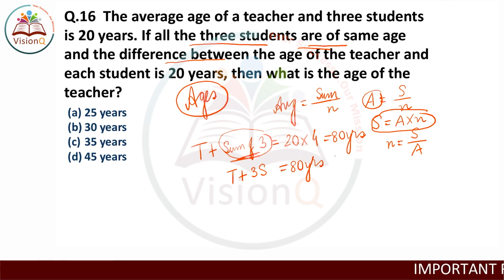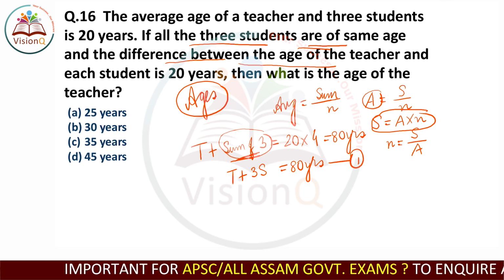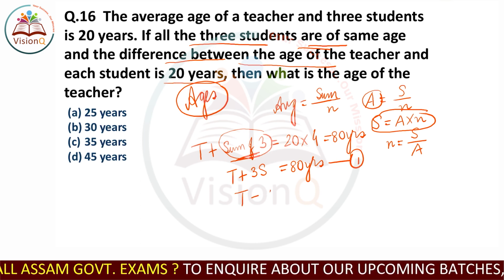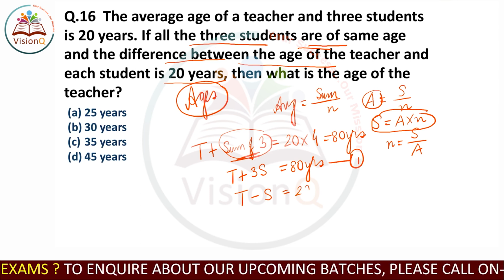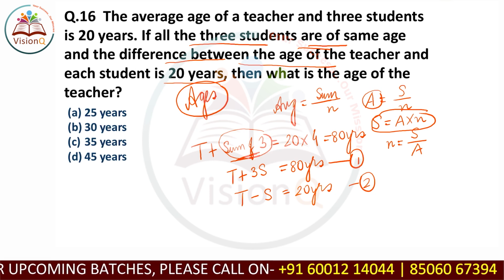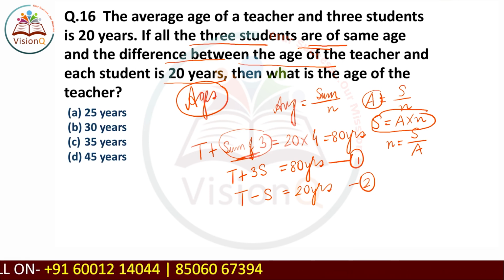So this has 2 variables, and it is equation number 1. Next, it is given that the difference between the age of the teacher and each student is 20 years. So the teacher's age minus the age of each student is 20 years. This is equation number 2. Now we have 2 equations and 2 variables, so if I solve these I can find the value of both the teacher's age and the student's age.